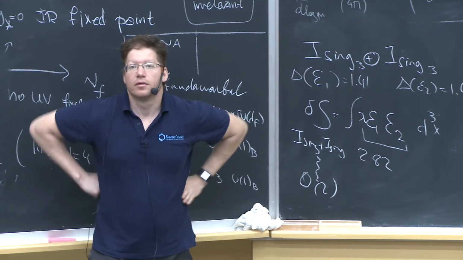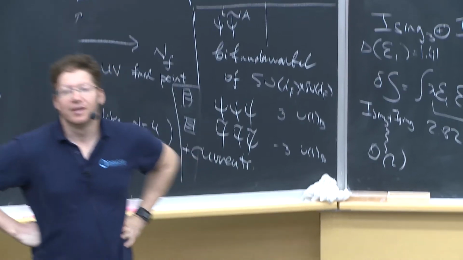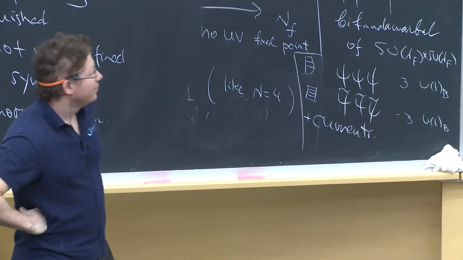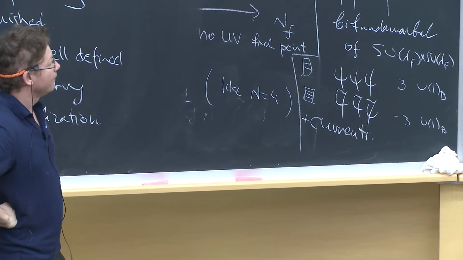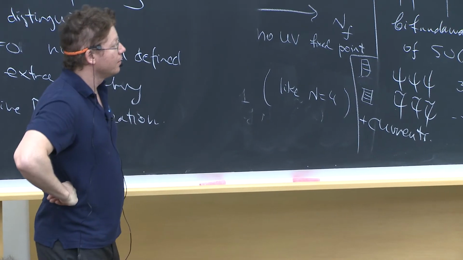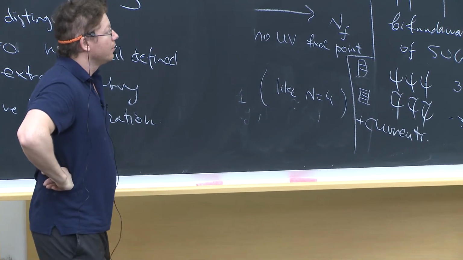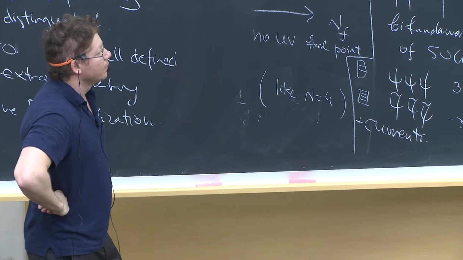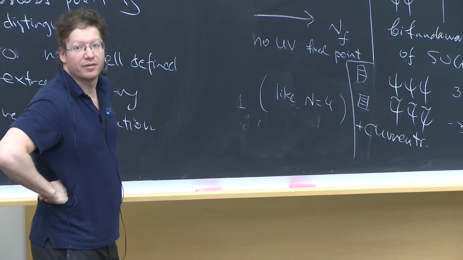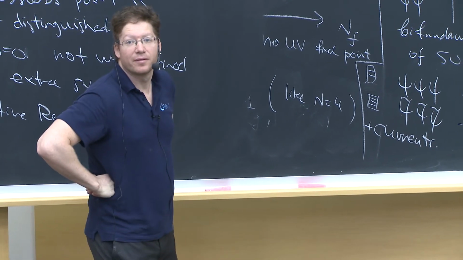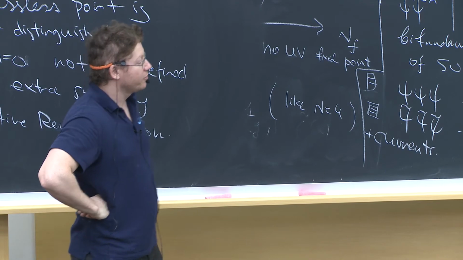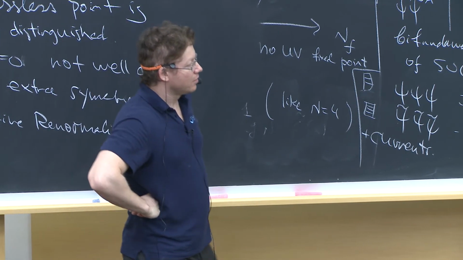Any other questions? Yeah. Hi. A general question. In 4 plus epsilon dimensions, even with NF equal to 0, there is an infrared fixed point. You mean a UV fixed point? UV fixed point, yeah, but not with NF equal to 0. No, pure Yang-Mills.